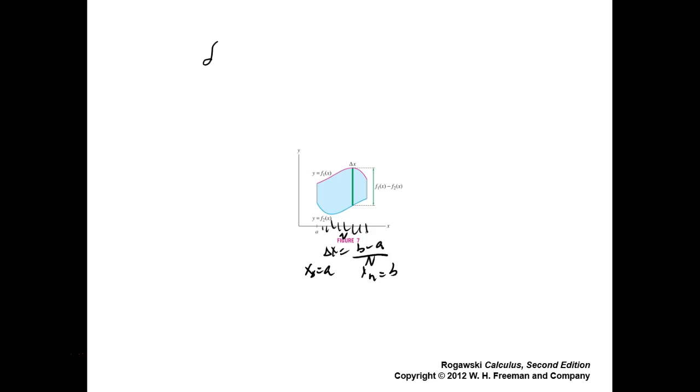Now, any other point in between, x sub j, is equal to a plus j delta x.